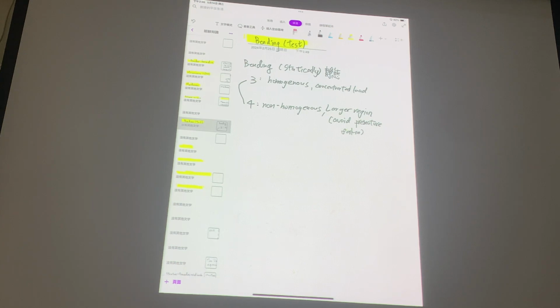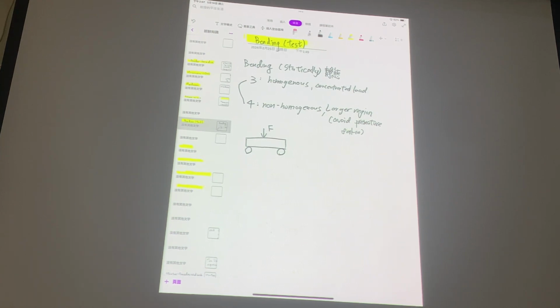In case you have no idea what I'm talking about, when I talk about 3-point bending, it is something like this. You have your specimen like that, and then you have a support on either end. And then you have a load pressing like that. We will call that F, force.